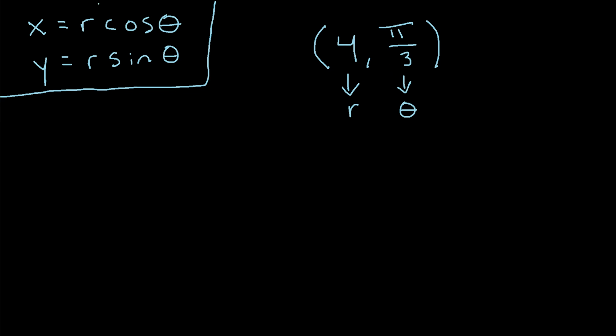Well, we can just use these two formulas that we just derived. So we can say x is equal to r, which is 4, times the cosine of theta. Theta is pi over 3. What is the cosine of pi over 3?